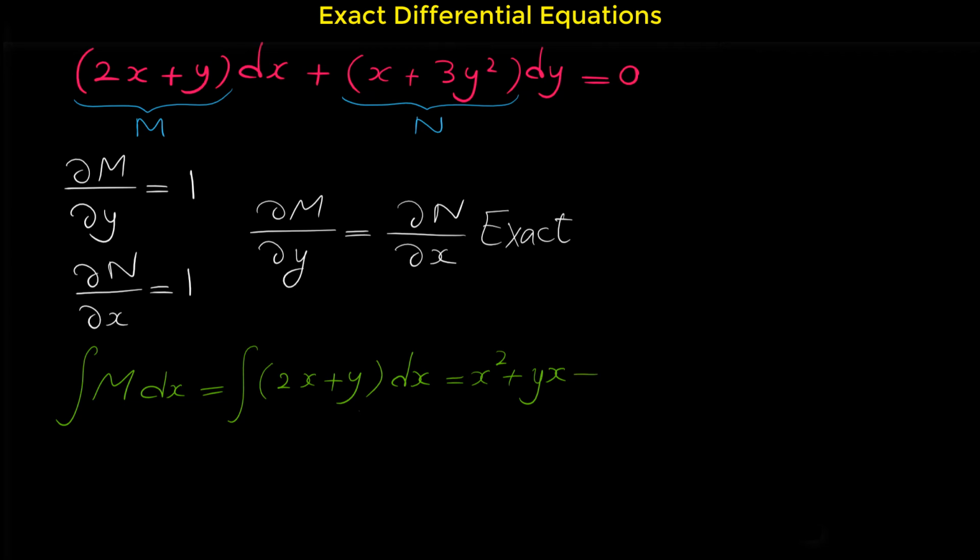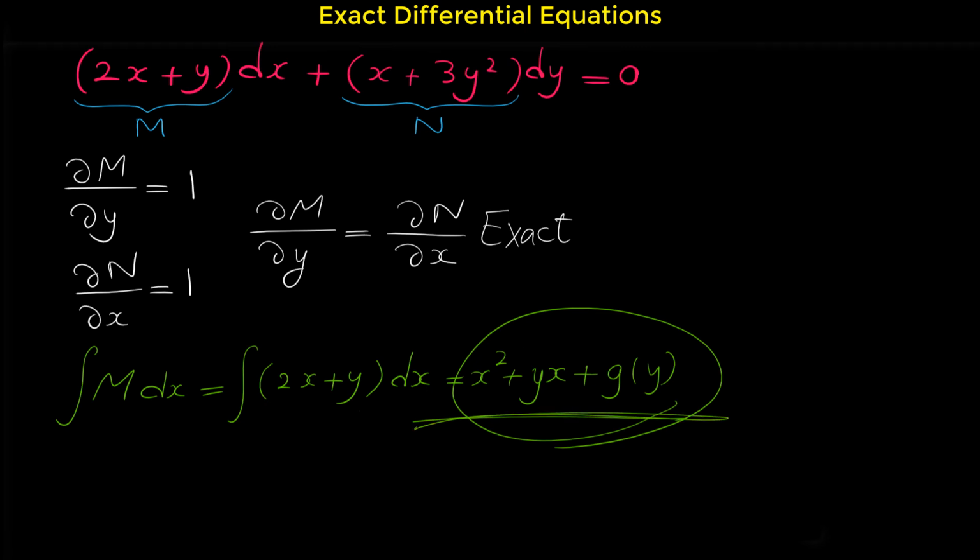And don't forget, you have to add an unknown function in terms of y here as a constant of the integral. For finding this g, if we take the derivative of this answer with respect to y, it should equal N. So we have to take the derivative of this expression with respect to y.